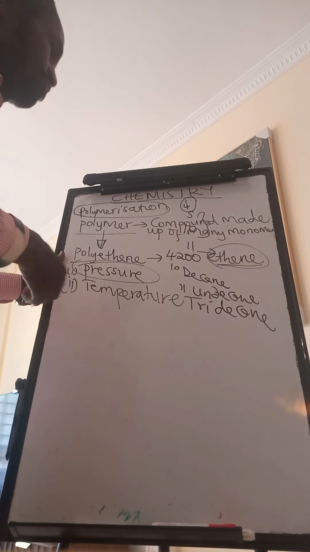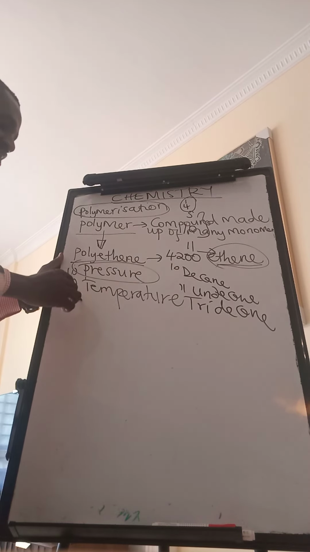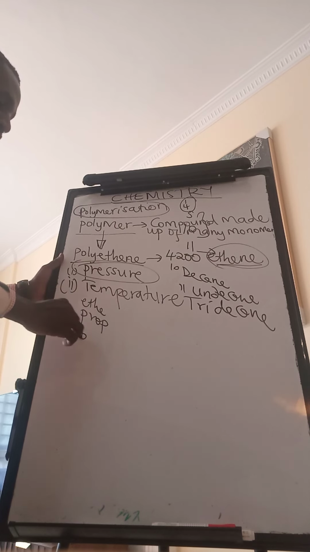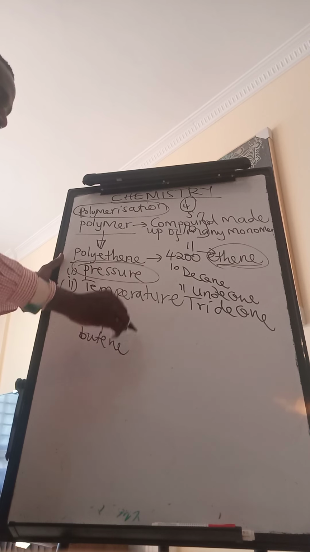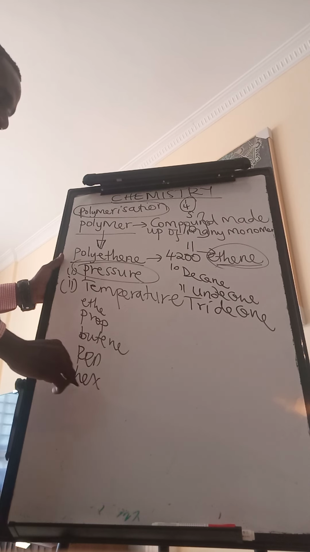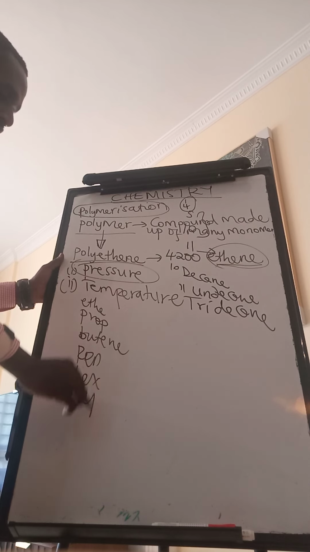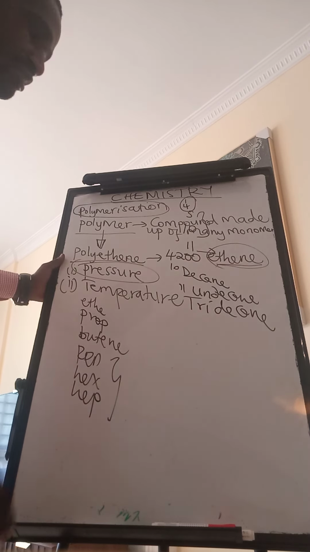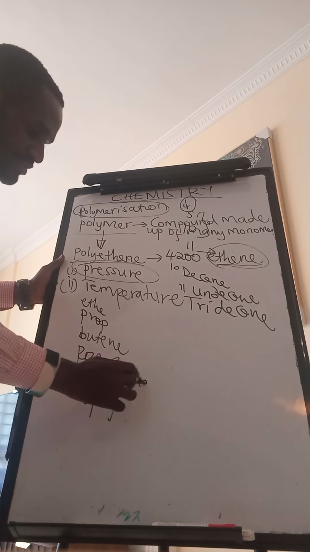Same applies to what you call alkenes. If I begin from eth, then I go to prop, then but, these are in gaseous state, isn't it? If I start from pent and go to hex and go to hept, they are not in solid state, they are in liquid state.